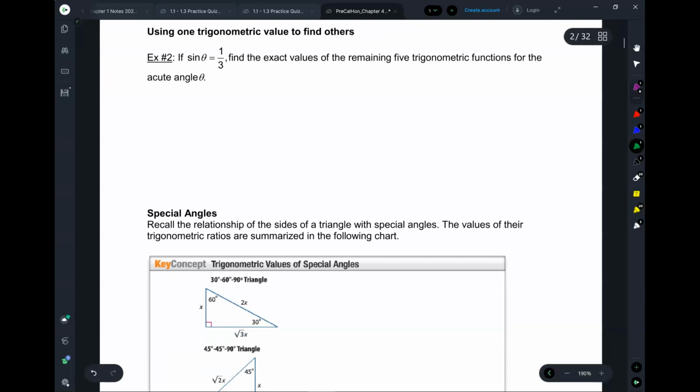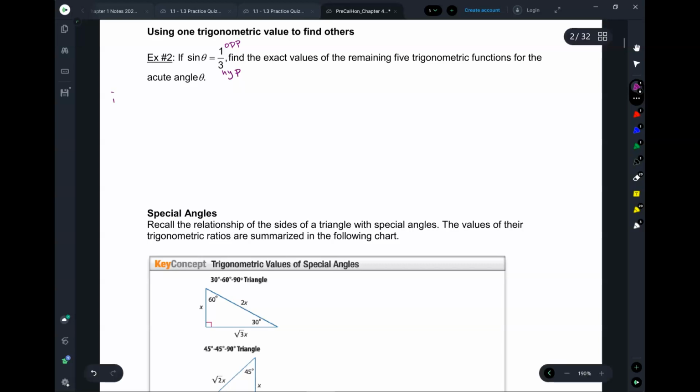So this is important. Not that there's anything that's not important, but this you see a lot. So if you're given one trig ratio, you need to find the others. Okay? Sine of theta is 1/3. Now, sine we know to be opposite over hypotenuse, yes? So here I can literally say this is opposite over hypotenuse. Okay?